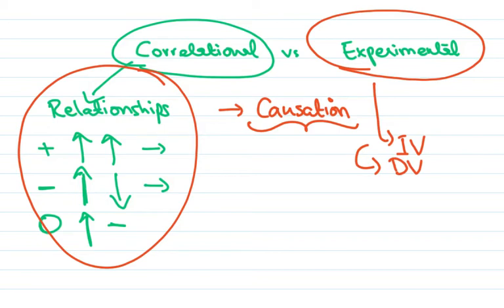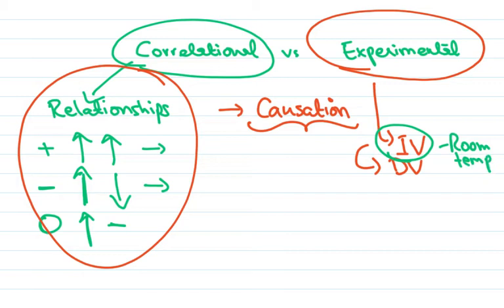So for example, let's go with a simple example. My question is, how does raising the temperature in a room affect students' test performance? So I'm saying if the temperature is very, very hot, that would affect their performance in some way. Then my independent variable is room temperature. That is what I will be controlling.